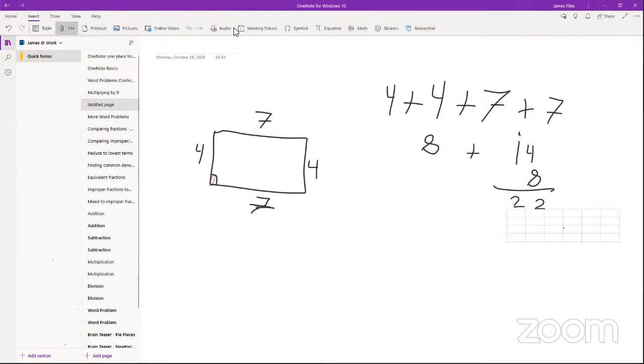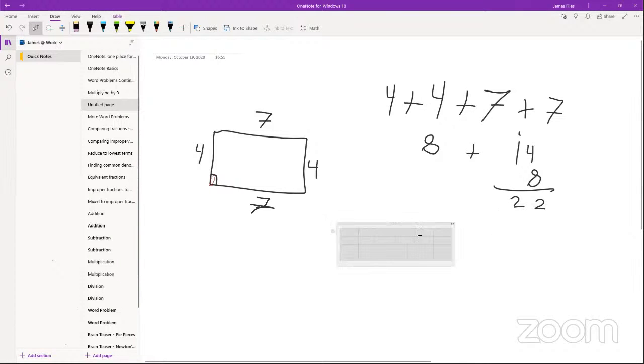Whenever you look and you're like, oh, I do not understand how to do this, you see those squares, you count them, and then you put them on the top and on the bottom and on the side. That's an easier way that you can do that as well. Okay.